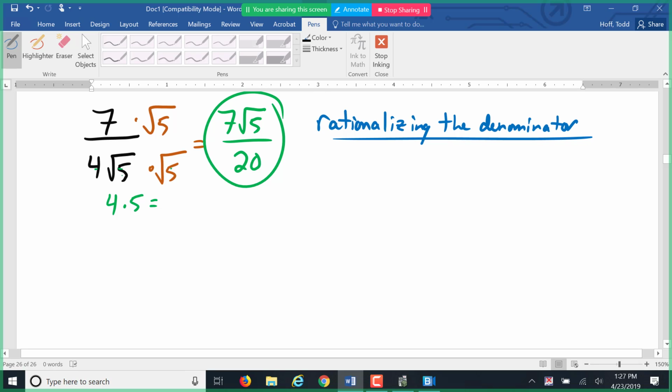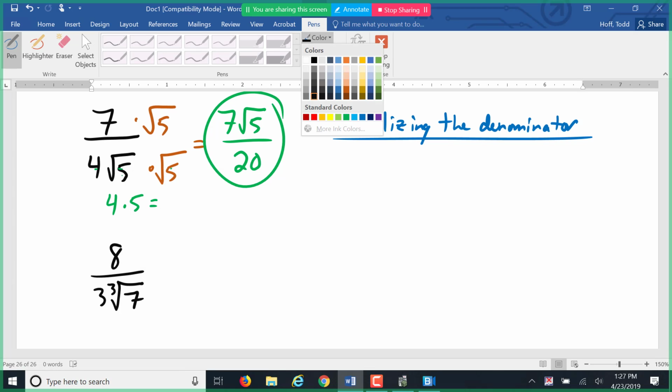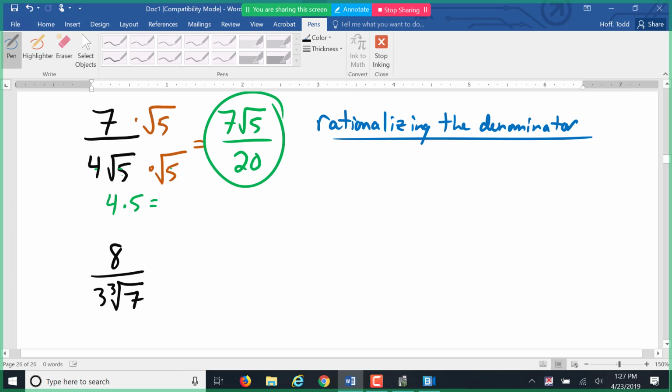It was a little trickier if it was a different radical. We might have had 8 over 3 times the cubed root of 7. To help us with that, we rewrote that cubed root of 7 as 7 to the power of 1/3.